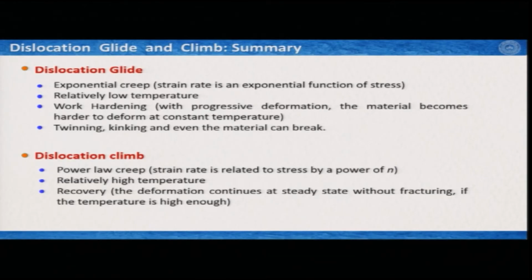To do the climb it requires more stress, therefore work hardening is a characteristic of dislocation glide, and microstructurally it is characterized by twinning, kinking, and if you force it, because you are applying work hardening, you can even produce a fracture.